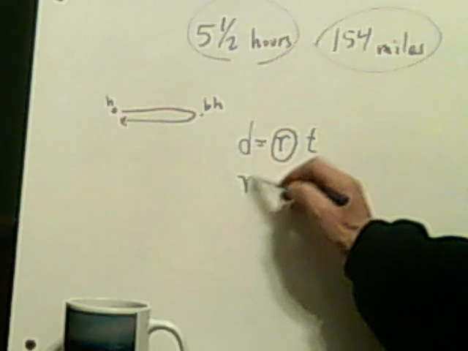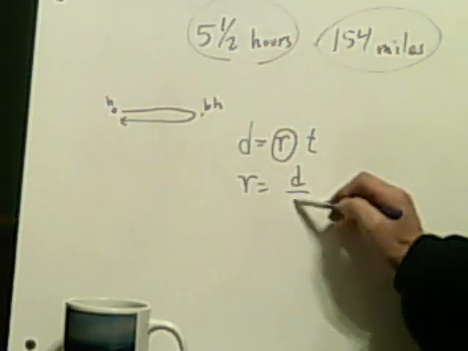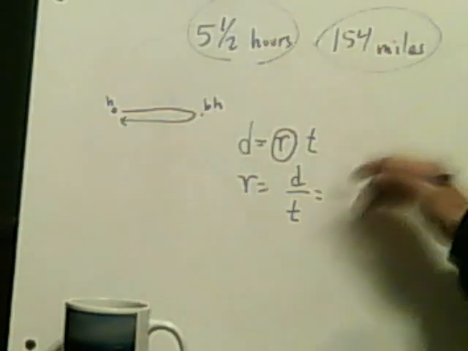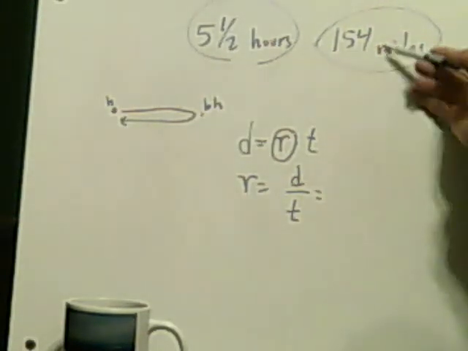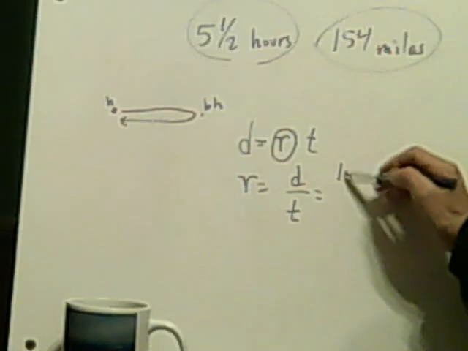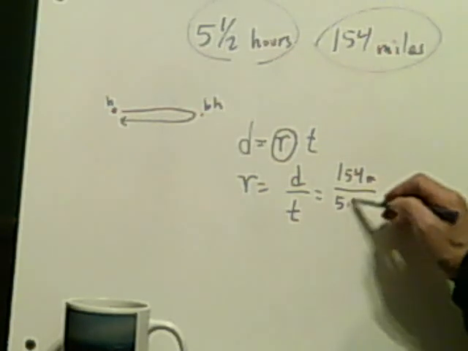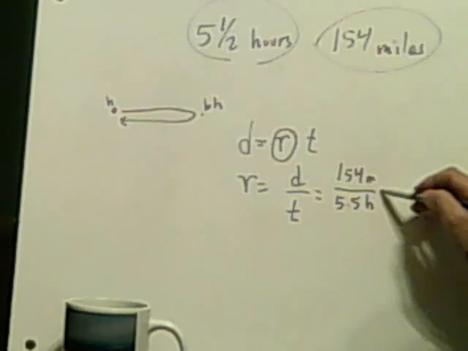So that rate is going to be equal to the distance divided by the time, and it's going to come out in miles per hour, which is what you'd expect. That's where the units come in handy. 154 miles over 5.5 hours, and you get miles per hour.